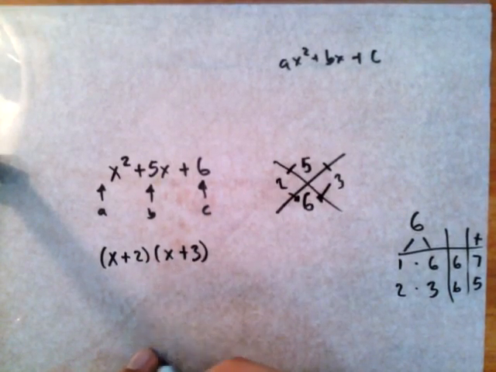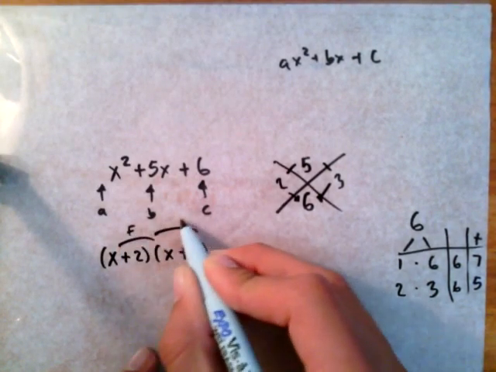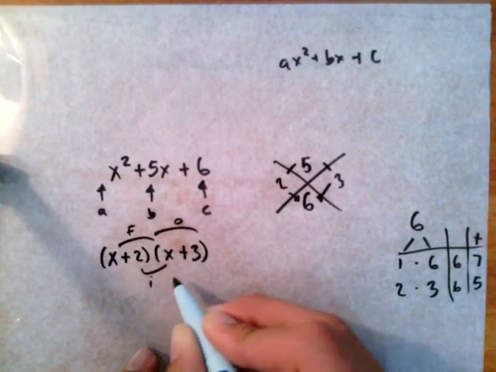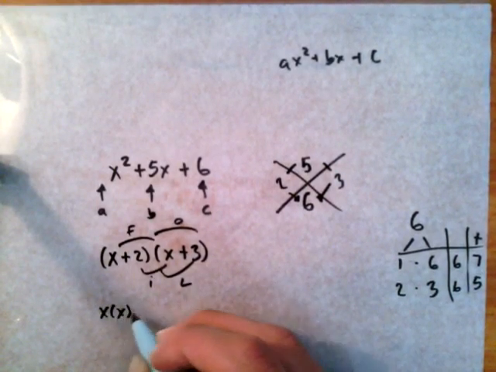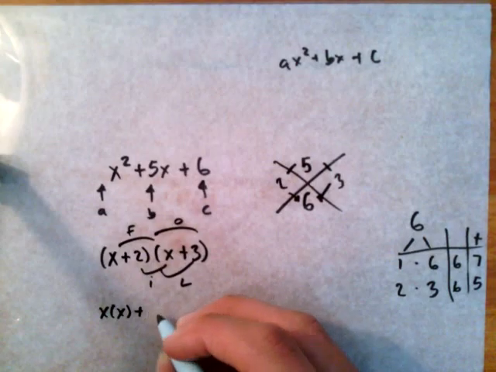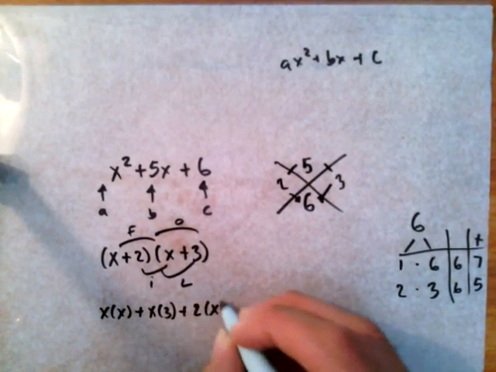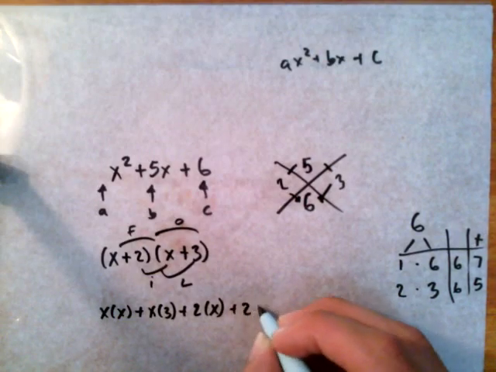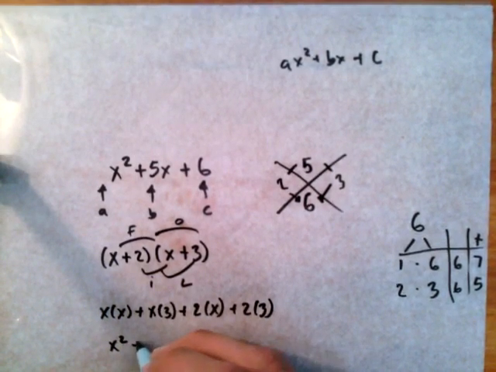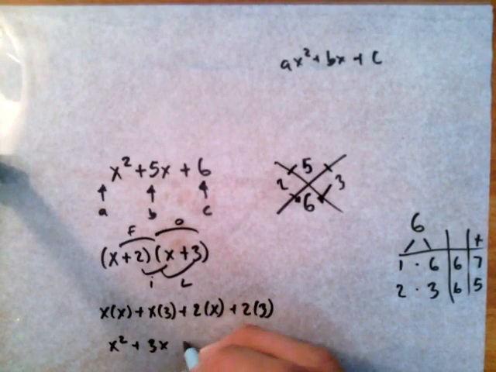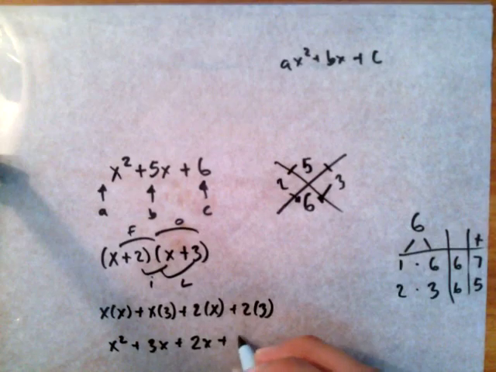And let's check that. We'll just apply FOIL once again. So first, outer, inner, and last. So we have x times x plus x times 3 plus 2 times x plus 2 times 3. x times x gives us x squared. 3 times x gives us 3x. 2 times x gives us 2x. 2 times 3 gives us 6.